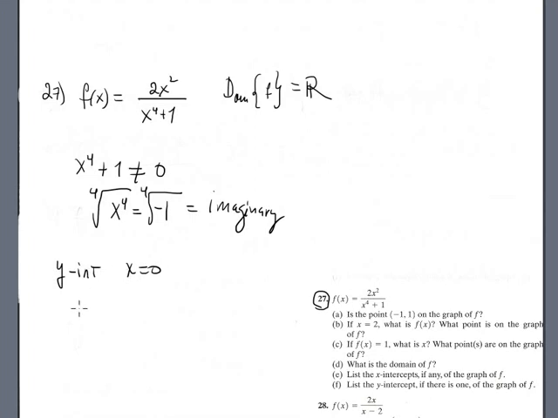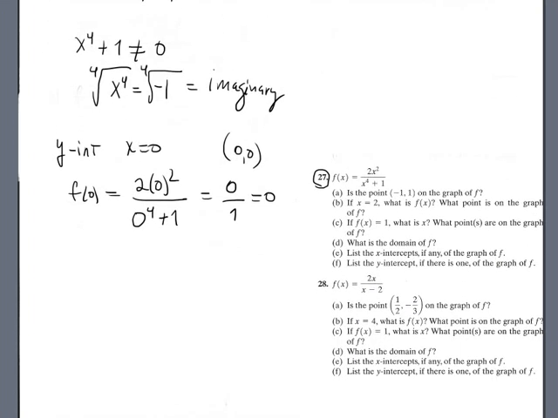It is obvious that f evaluated at 0 is equal to 2 times 0 squared over 0 to the 4th plus 1. In the top we have 0, over 1 is 0. The point is (0, 0), which represents both the x and y intercept at the origin.